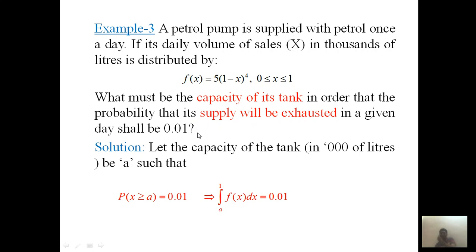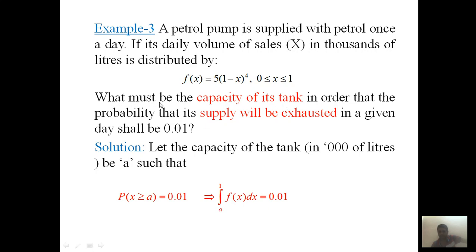Generally we have to find the probability of an event, but here the probability of being exhausted is already given. So let's deal with the solution. The question asks what must be the capacity of its tank.